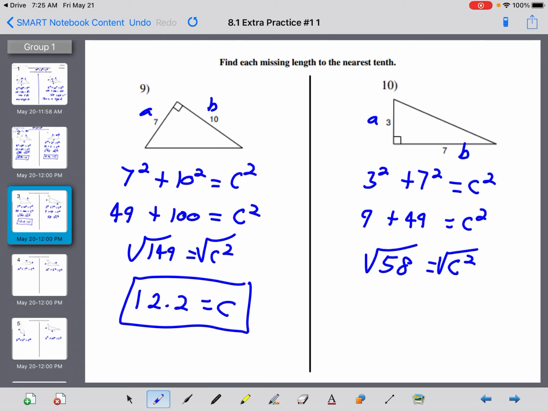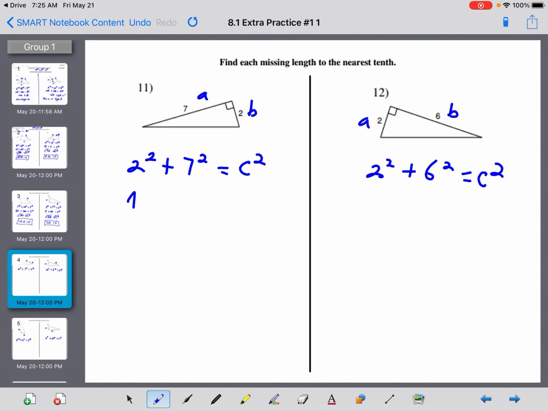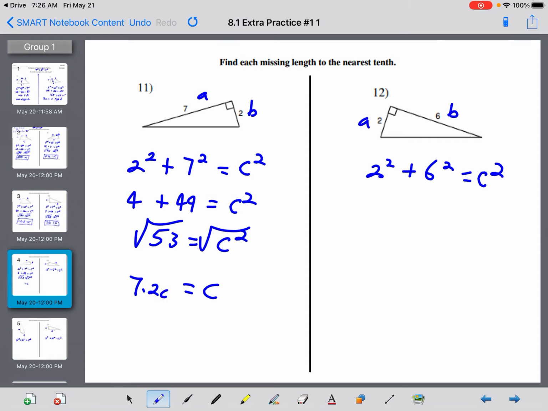And the square root of 58 is 7.61. Here 2 squared is 4, 7 squared is 49. 49 and 4 makes 53. And the square root of 53 is 7.28.